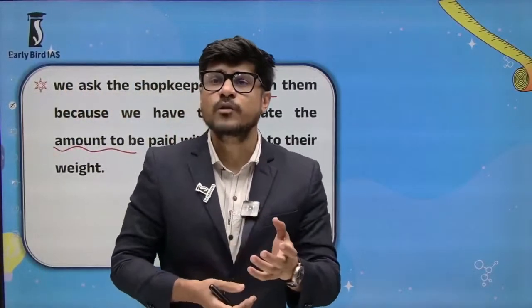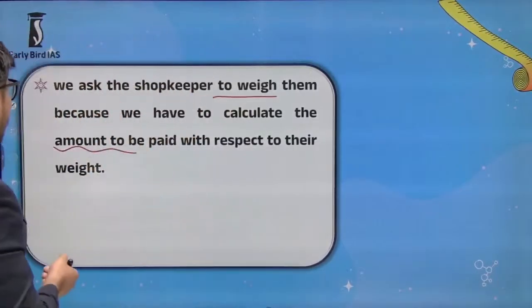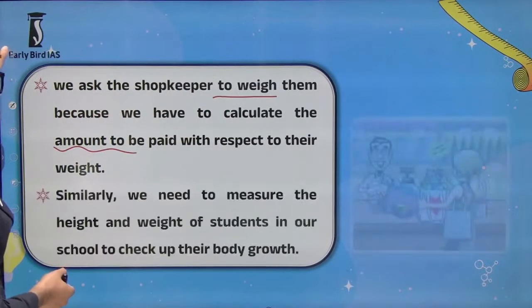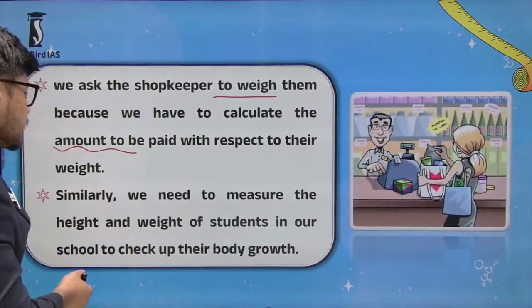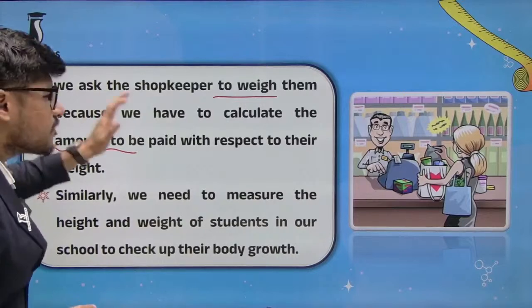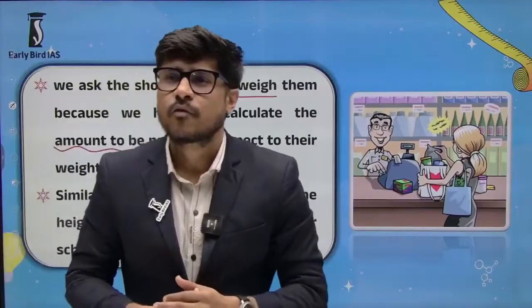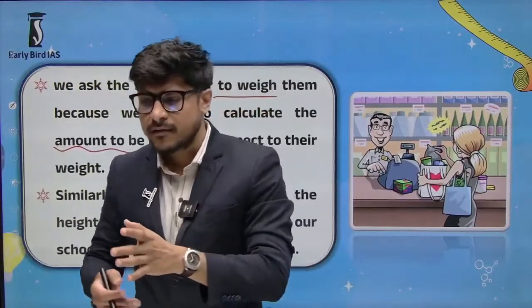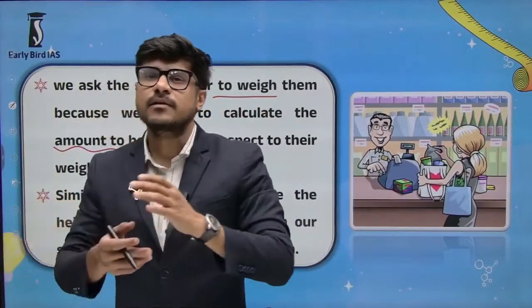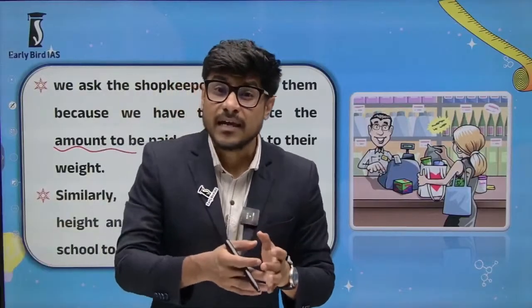So if you buy 2 kg, you have to give 60 rupees. In a similar way, we measure all things, from height to weight to temperature to length, speed, time.